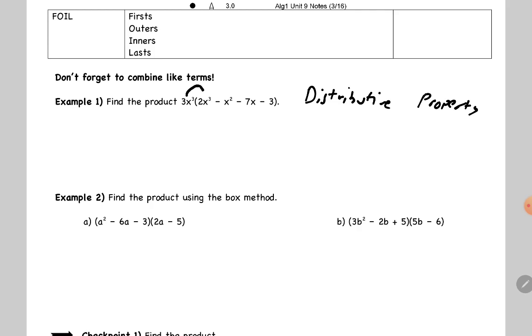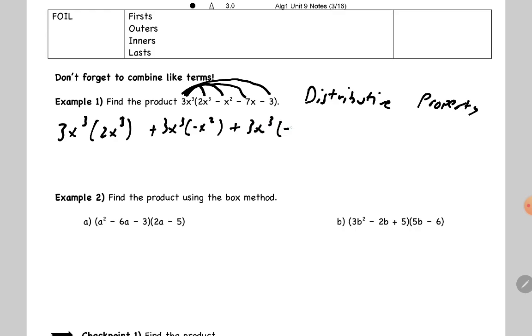So this 3x cubed is going to be multiplied here, and here, and here, and here. So I'm going to have 3x cubed times 2x cubed, and then we're just going to add these all together, plus 3x cubed times negative x squared, plus 3x cubed times negative 7x, plus 3x cubed times negative 3.